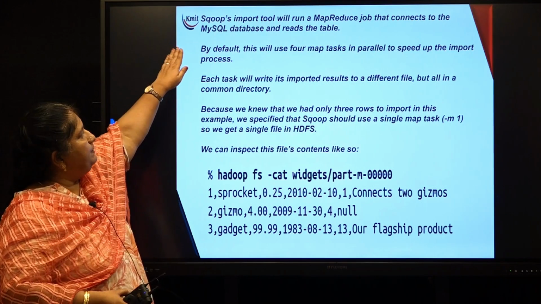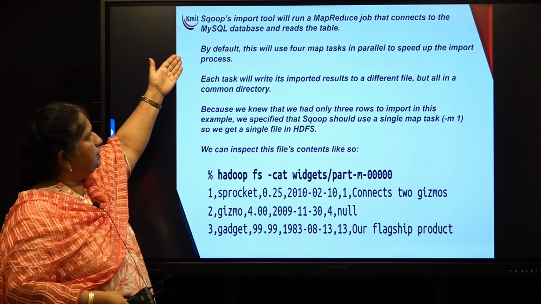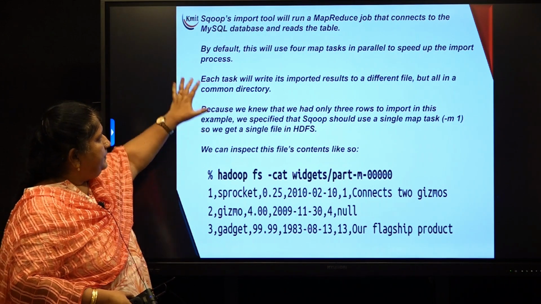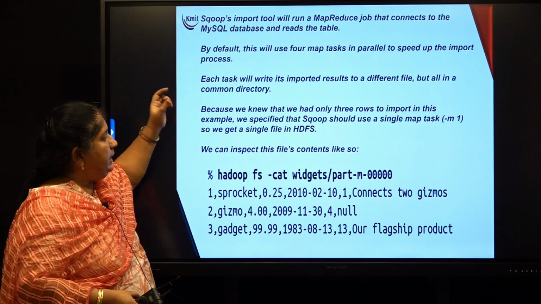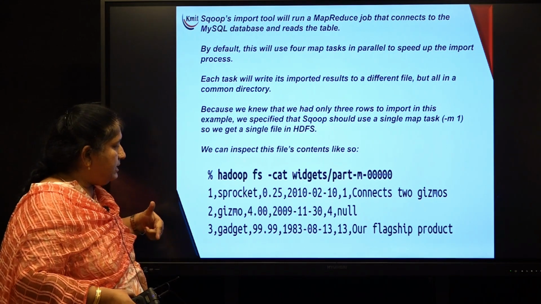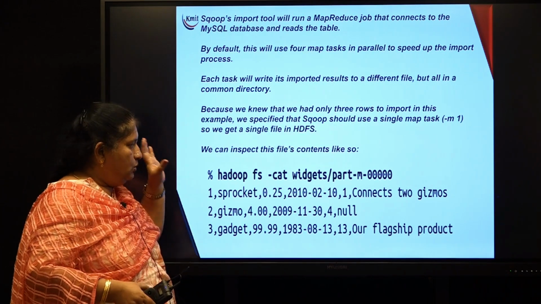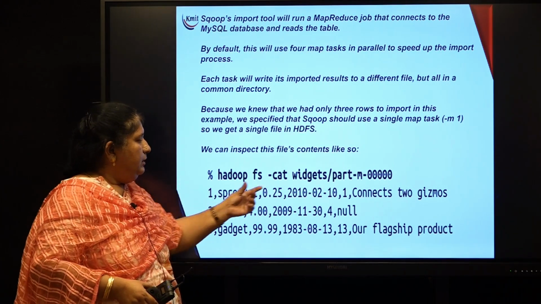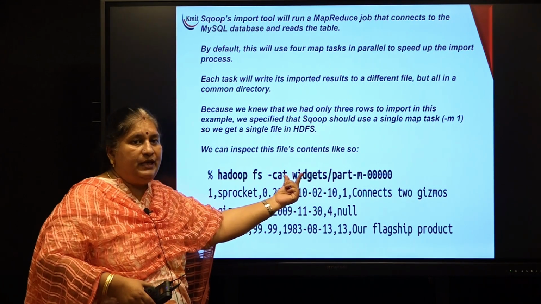Now this Sqoop import tool will run a MapReduce job which connects to the MySQL database and reads the table. Once this command is executed, it will create a file in HDFS under the Sqoop home directory with a name similar to the name of the table.